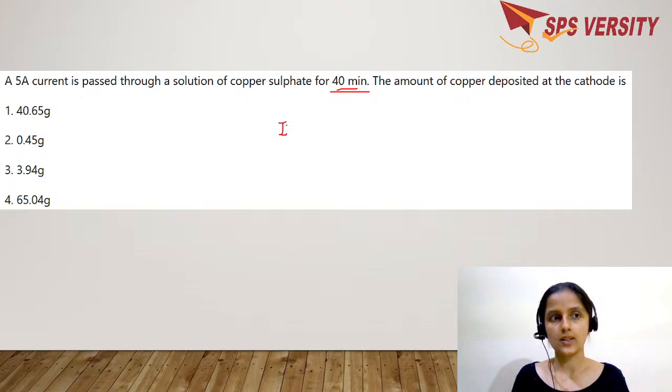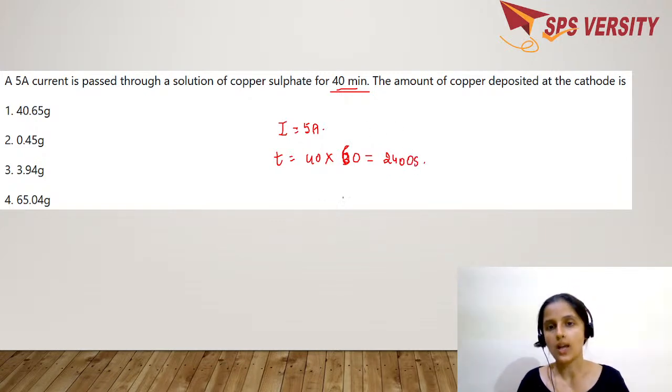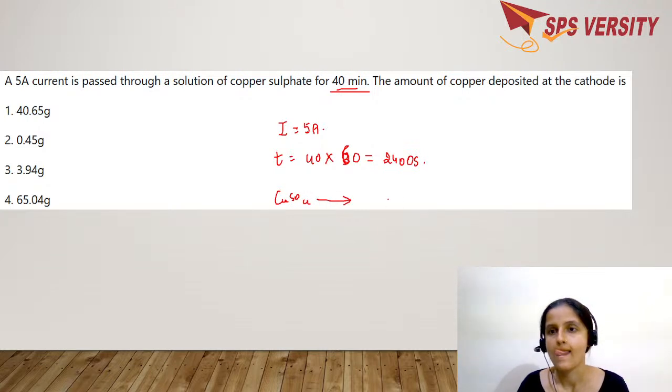So the current is 5 ampere, and the time is 40 minutes. We have to convert it into seconds, it's 60 seconds per minute, so it's 2,400 seconds. What is the amount of copper? You have the copper sulfate solution and the copper is being deposited. That's Cu2+ to Cu. How many moles of electrons are needed? 2 moles of electrons.